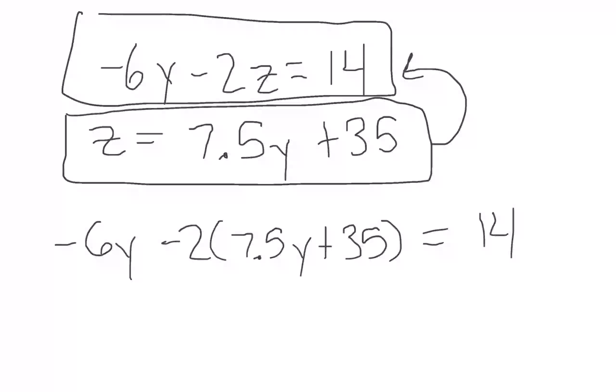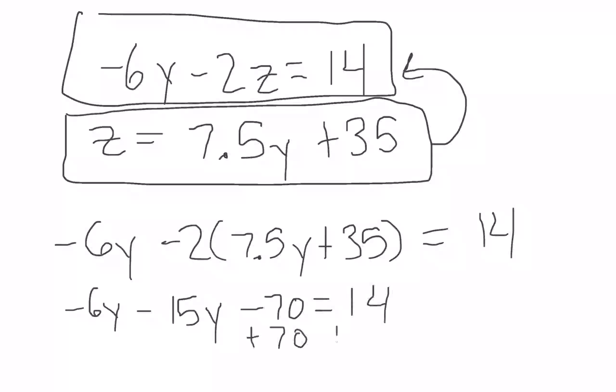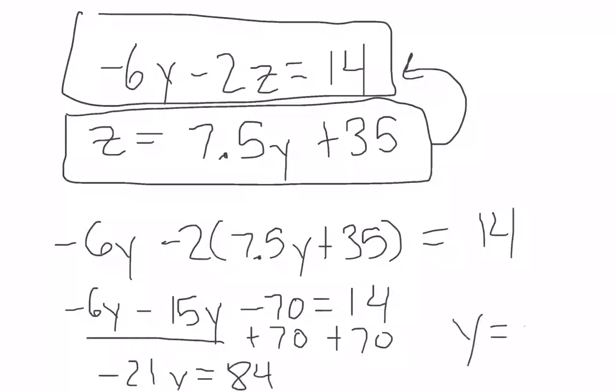Now when we simplify this, I'll have negative 6y minus 15y minus 70 equals 14. I'll add the 70 over. I'll combine these two things, which will give me negative 21y equals 84, or that y equals negative 4.